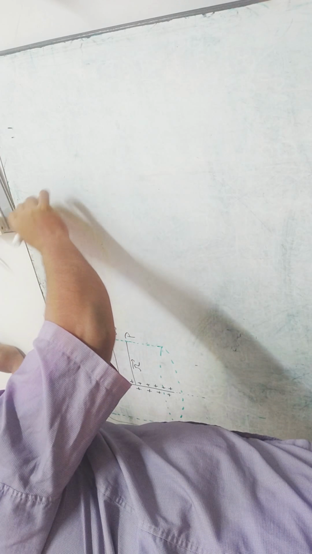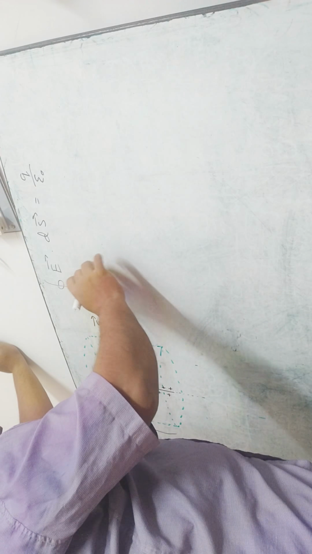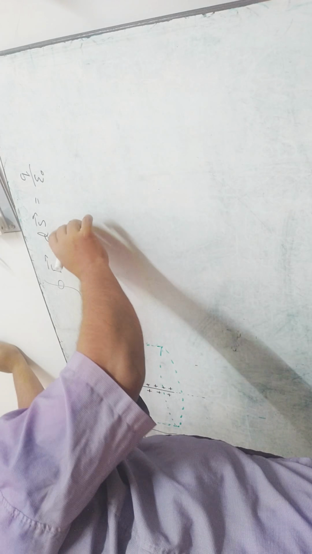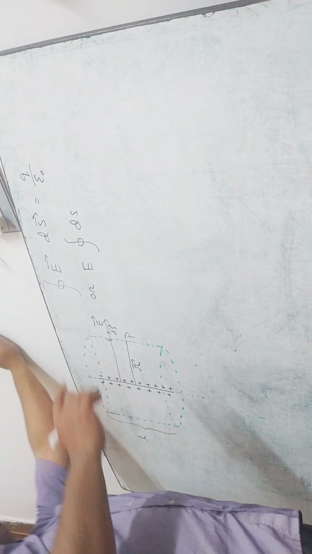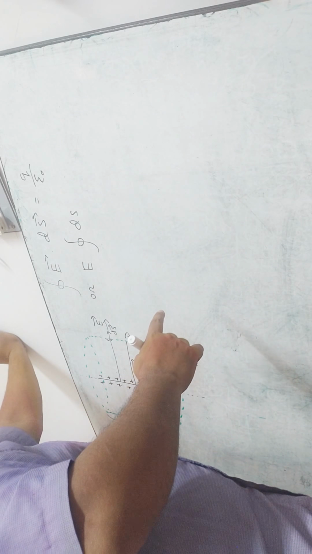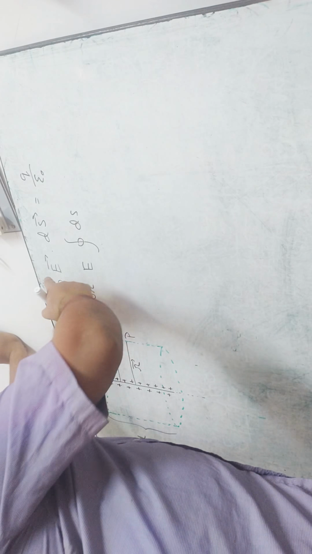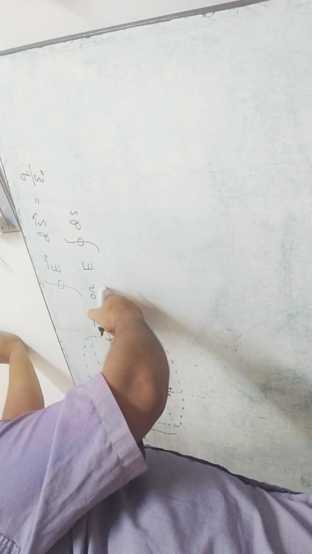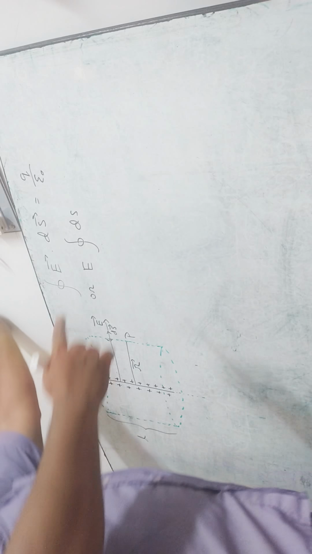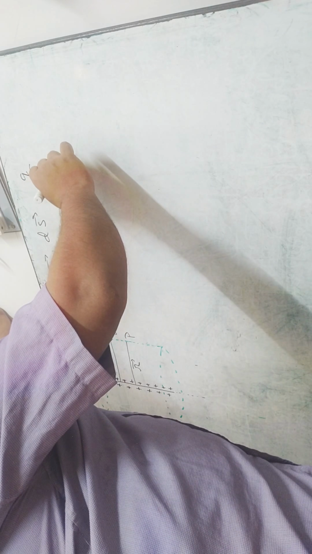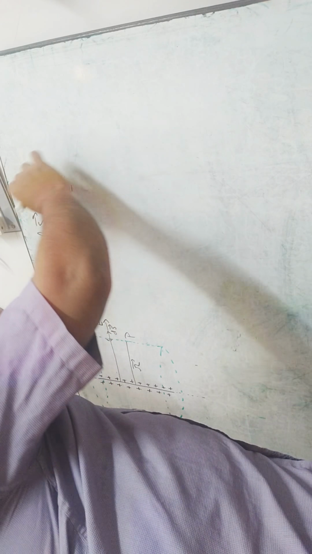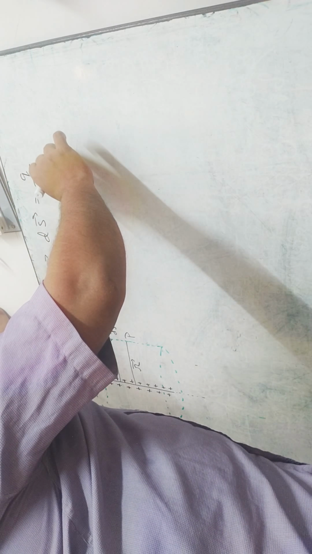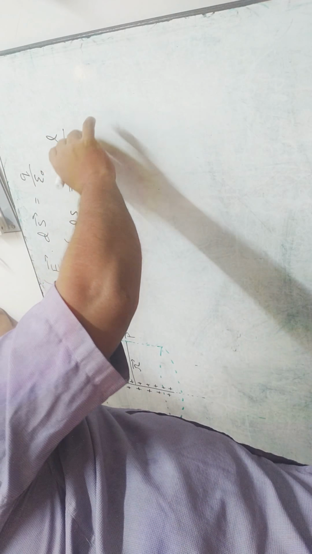Closed integration of E dot ds is equal to Q by epsilon 0, or E closed integration of ds. Since E vector and ds vector are parallel to each other and E is a constant, E can come out from the integration and we can only integrate ds. And we know EQ is equal to lambda into L by epsilon 0.